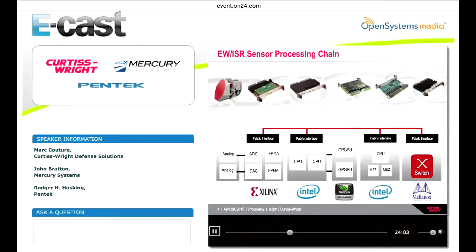And this is not just for switching the data plane to get data across the system. There's also the control plane, the management plane, which is kind of a nervous system. There's been some evolution there as well. We've seen serial rapid I/O in recent years, but that has evolved to 40 gig E and InfiniBand. But I think we'll see that evolve beyond this, of course.